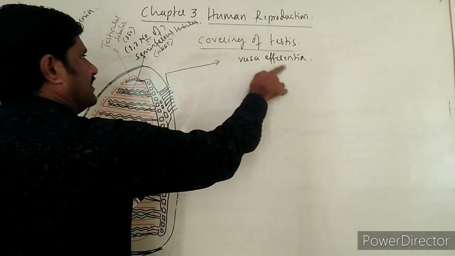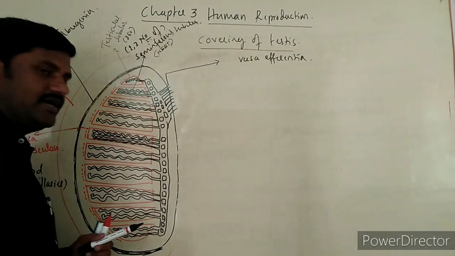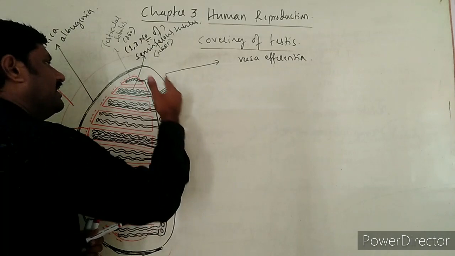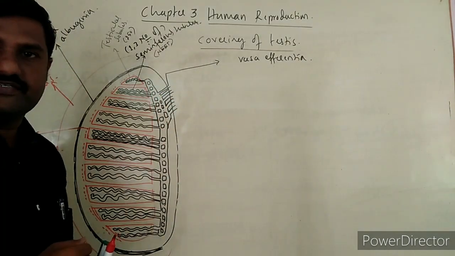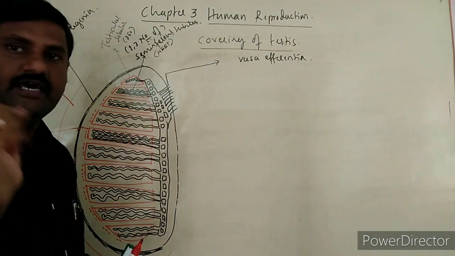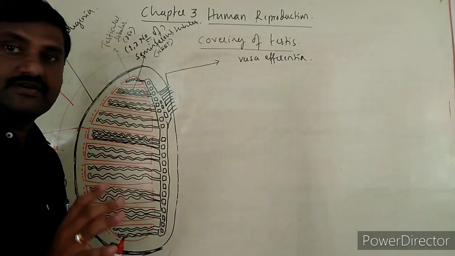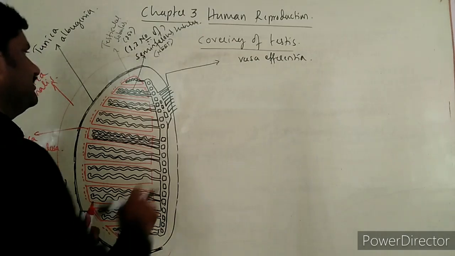And these vasa efferentia open into a highly coiled tubular structure, which is lying adjacent to each testis on the posterior side, and that is known as what? It is called epididymis. What is it known as?